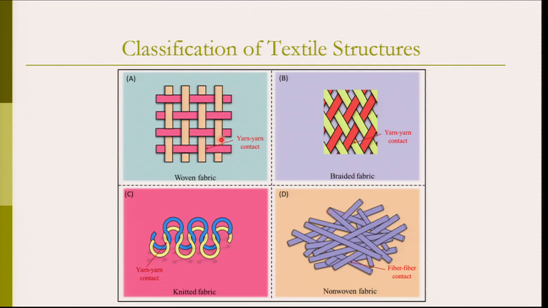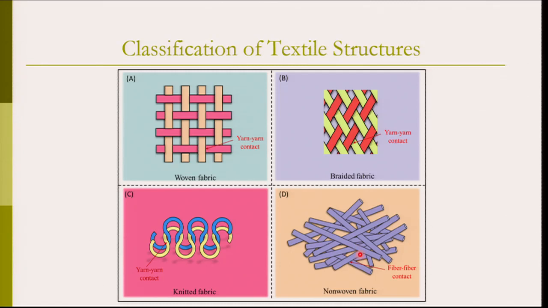In figure A, you can see a yarn to yarn contact being formed here at the junction. Then similarly you have a braided fabric which is again forming a yarn to yarn contact. Similarly, in a knitted structure yarn to yarn contact is happening, and specifically in the non-woven fabric you can see the fiber to fiber contacts as well.